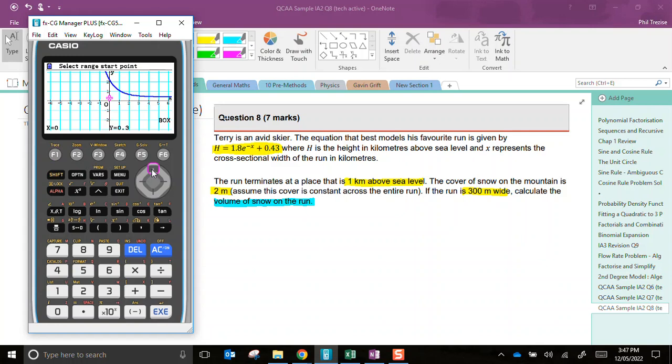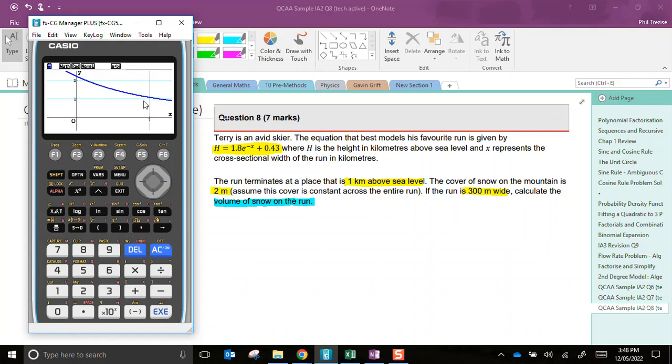So I get to set the left and right corner of the box. So I might just go a little bit that way. I'll press enter to lock that one in place. And now I'll come across a bit, and then I'll come down. That should be enough. So there's my ski run, and I'm looking for the point here.